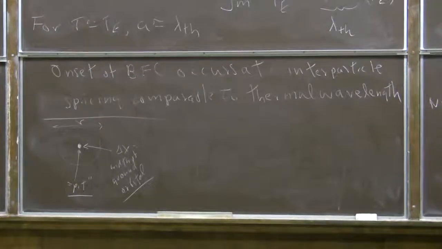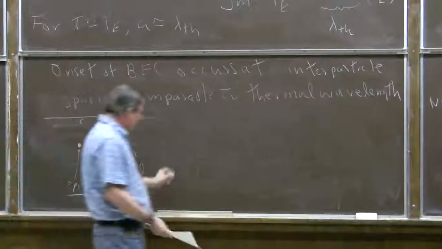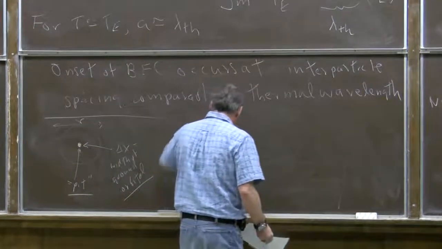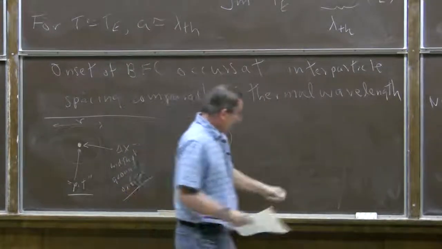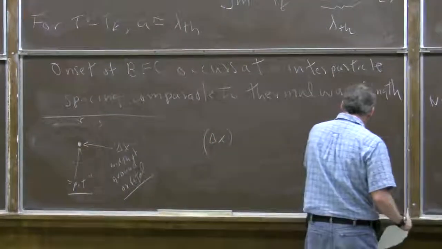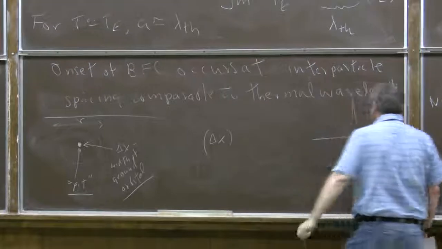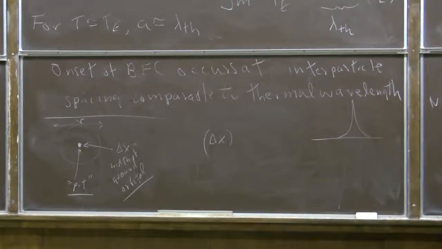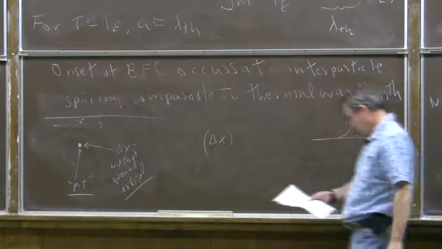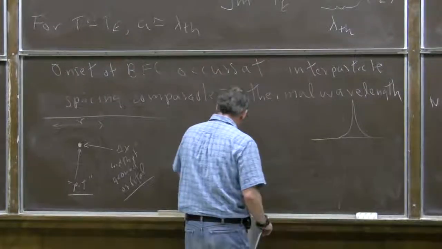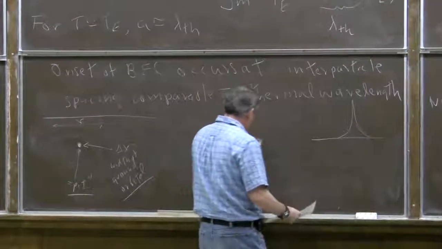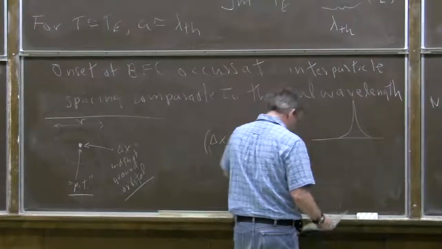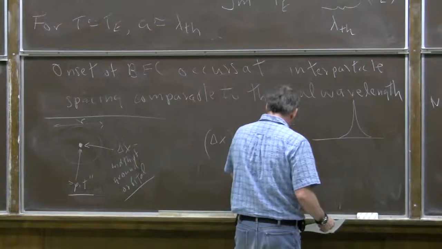Well, you learned this in Physics 12b, that the spread of the Gaussian wave function for a harmonic oscillator ground state is the square root of h bar over m omega naught.